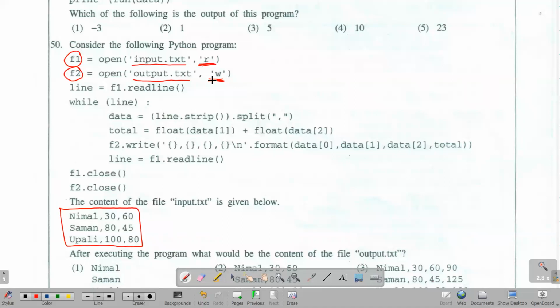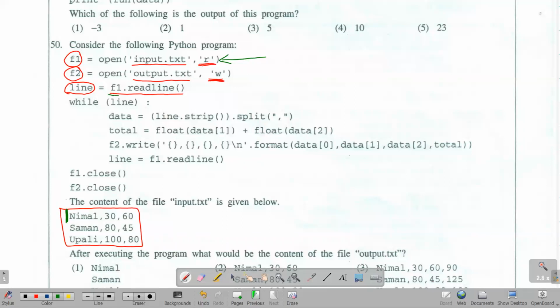Here they have taken another variable called line, and line is taking f1.readLine. What does the readLine function do? It reads the first line of the file. Why does it read the first line? Since the input.txt file has just been opened, the cursor is placed at the beginning.